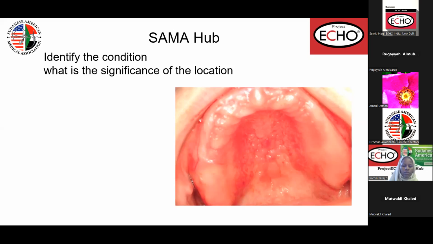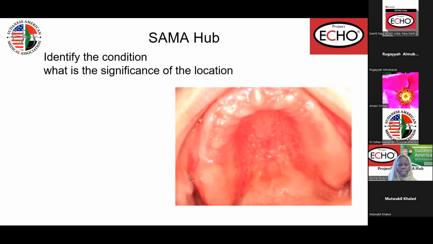Denture stomatitis. Okay. It seems like there is a consensus.